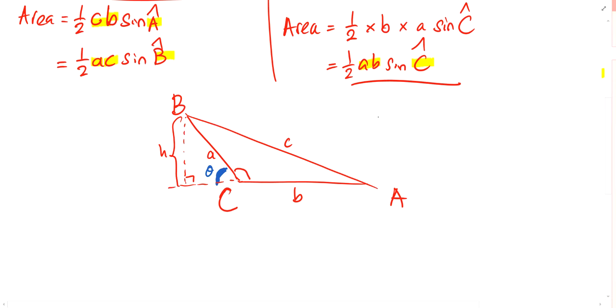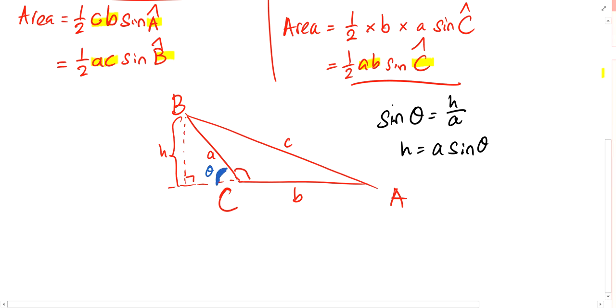So now, sine theta equals opposite. What is the opposite? H over A, yes. Now, H again equals A sine theta, isn't it? But in my original triangle, I don't have theta, but I have angle C. Is there a relationship between sine theta and sine C? Yeah. What is the relationship? Adjacent angles. Theta and C are adjacent angles.